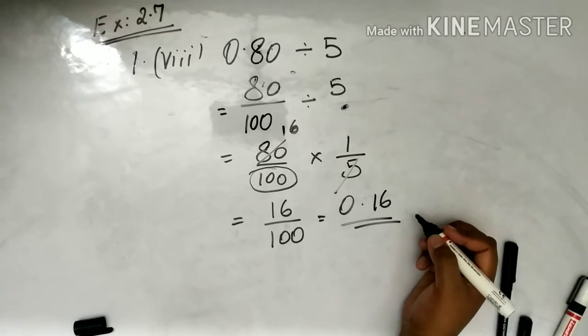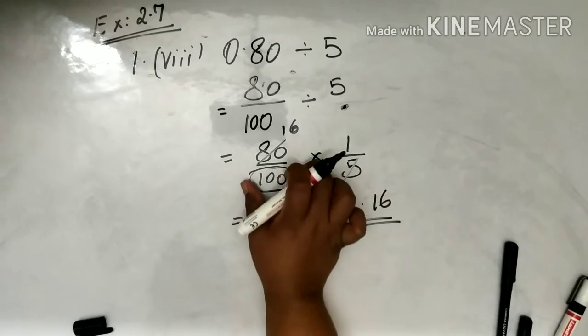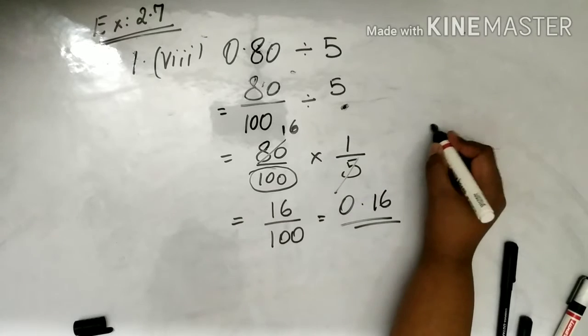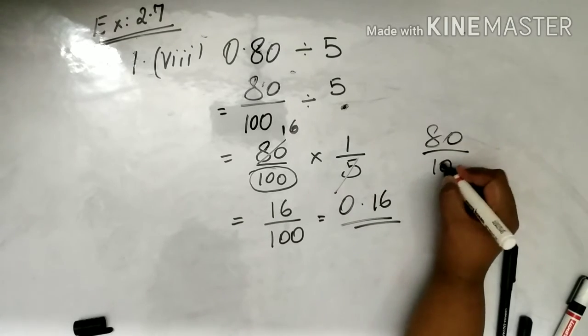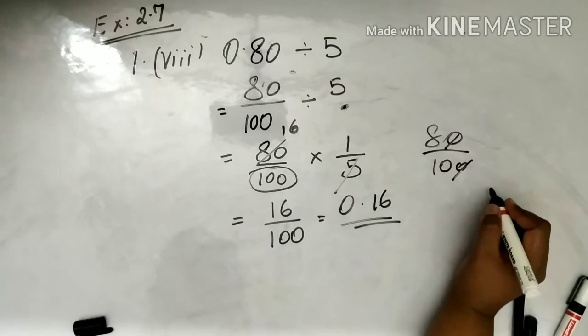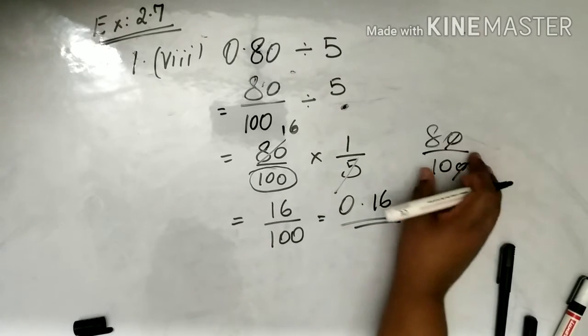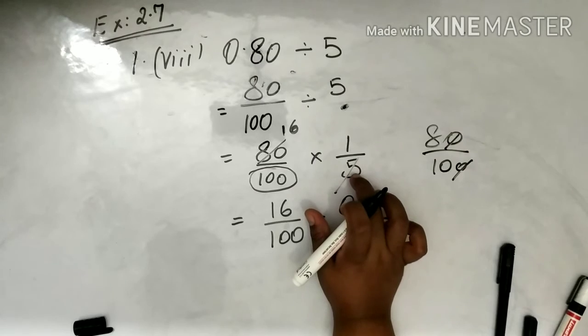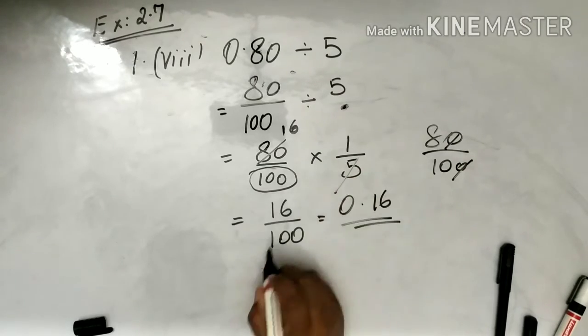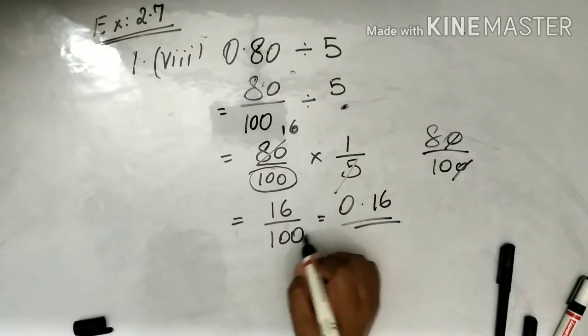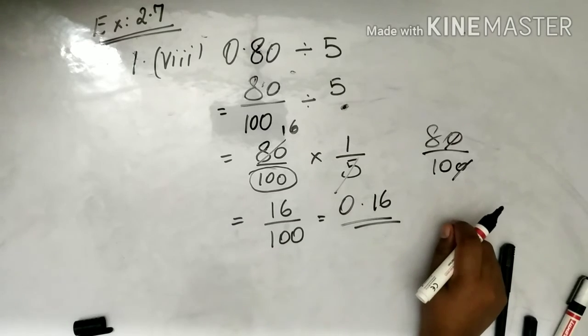So every time you should save the 100 directly. For example, you shouldn't solve this 80 by 100 first itself. You will have to save this 100 and divide 80 by 5 preferably, and then you will get 16 by 100 and then 0.16.